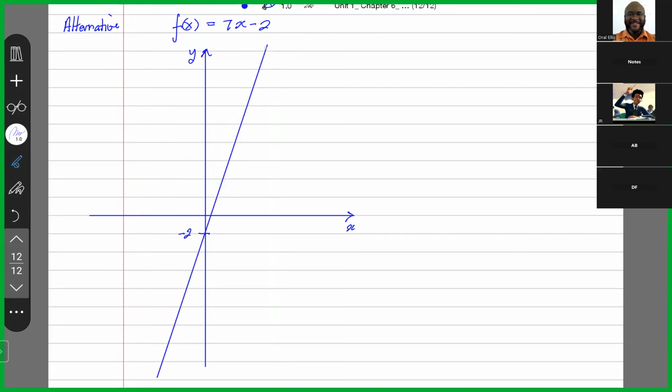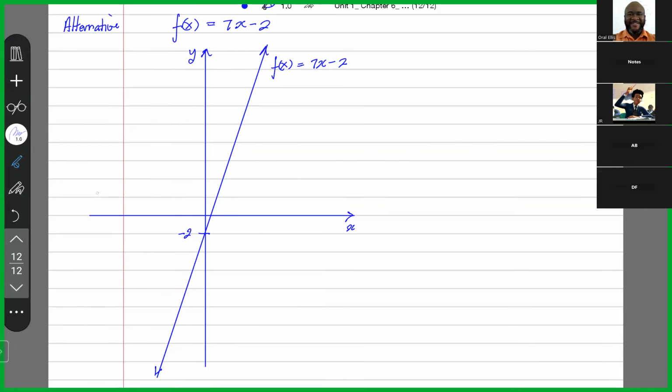Again, remember, the graph actually goes on forever in both directions. So this is a sketch of the graph of f of x is equal to 7x minus 2. We're told that in order for the function to be onto, every horizontal line that can be drawn must cut the graph at least once.